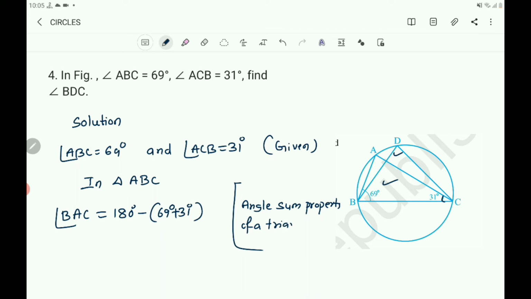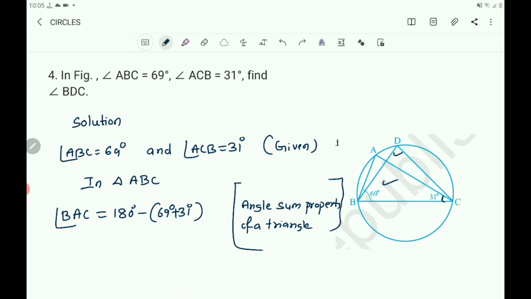What is the sum of three angles of a triangle? That is 180 degree. If two angles are known, then how will you get the third angle? That is 180 degree minus sum of the given two angles. If two angles are given, to get the third angle, you take 180 minus the sum of the given two angles.